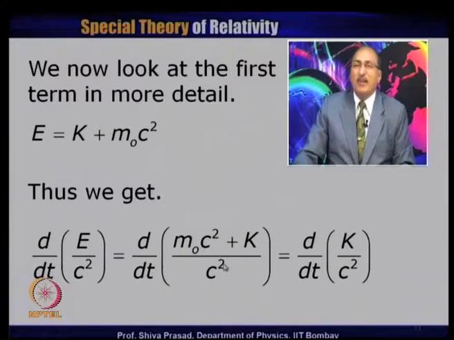Therefore, this derivative will give me 0. Therefore, this term can be simply written as d/dt of K upon c square, which is what I have written here. So, d/dt of E by c square can also be written as d/dt of K upon c square, because E and K differ only by the rest mass energy, and rest mass energy does not change as a function of time.